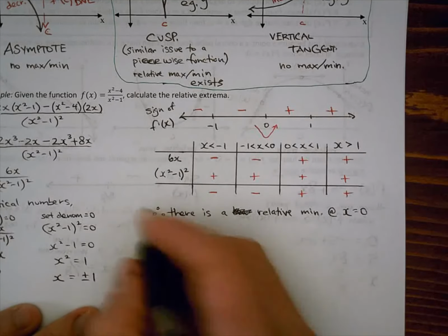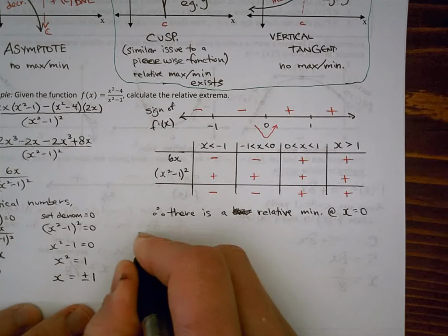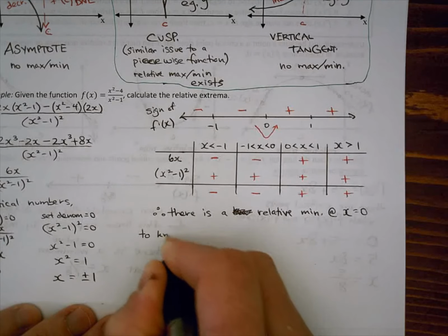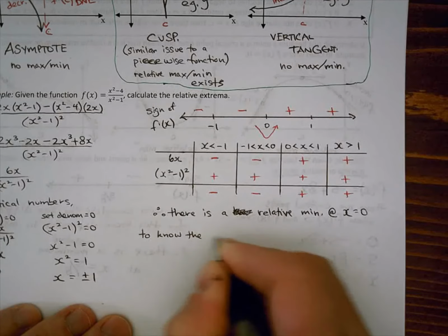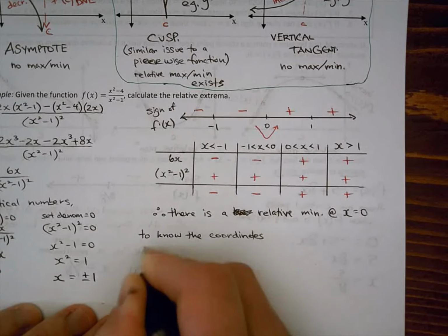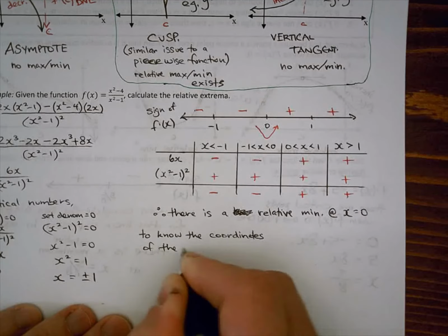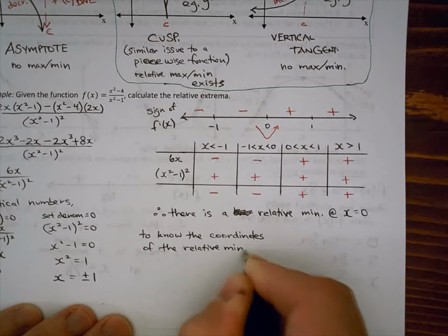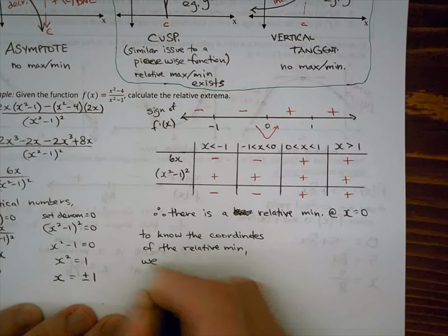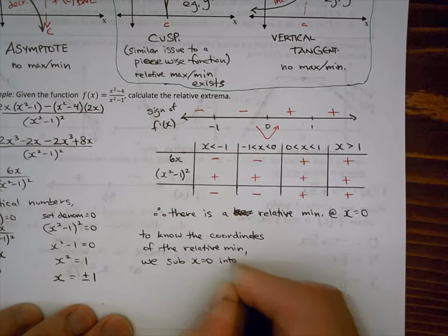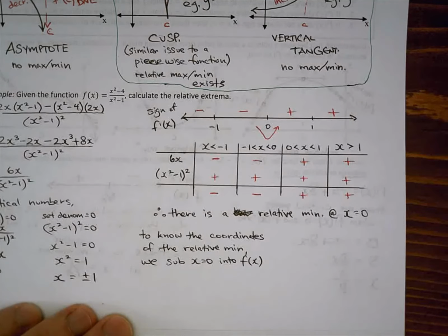So I'm just going to do a little aside here: to know the coordinates of the relative min, we sub x equals 0 into the original function f of x.